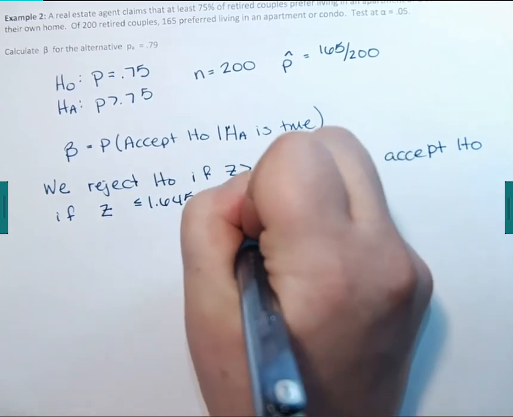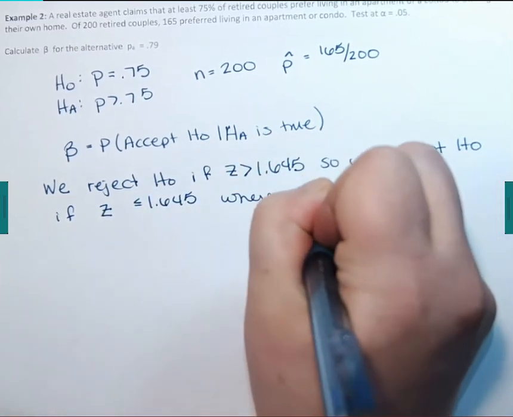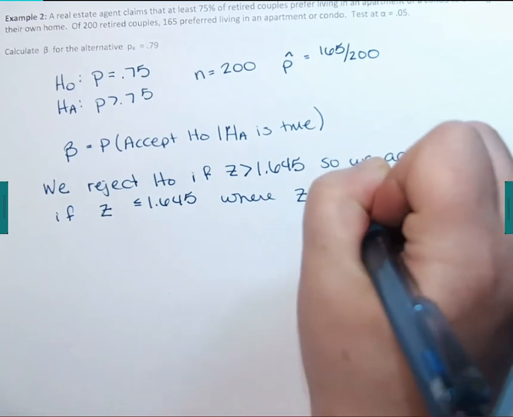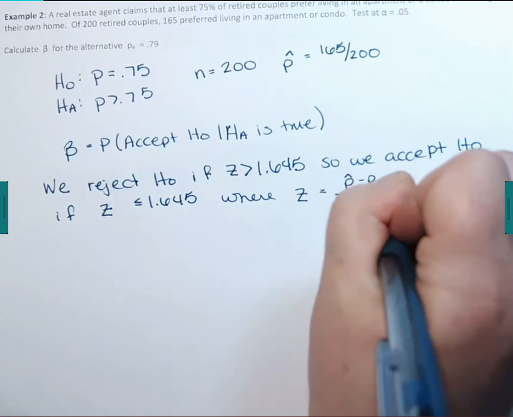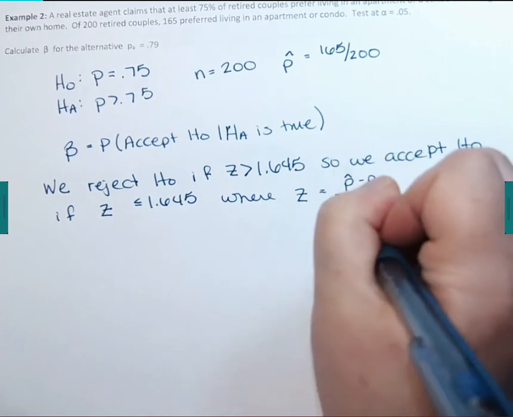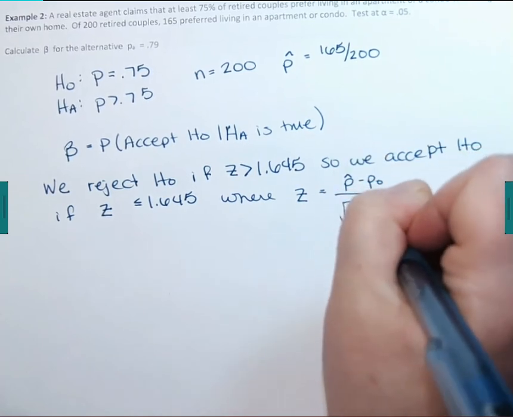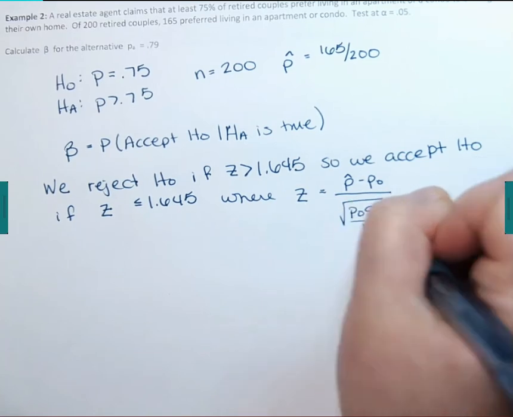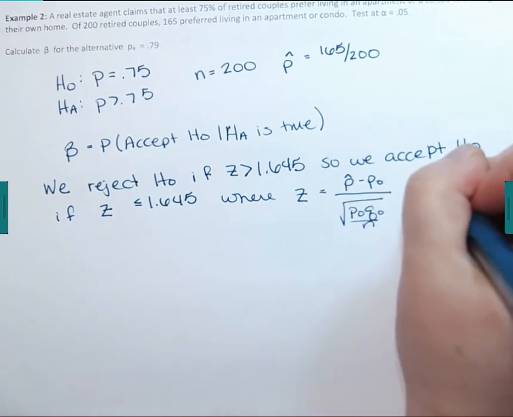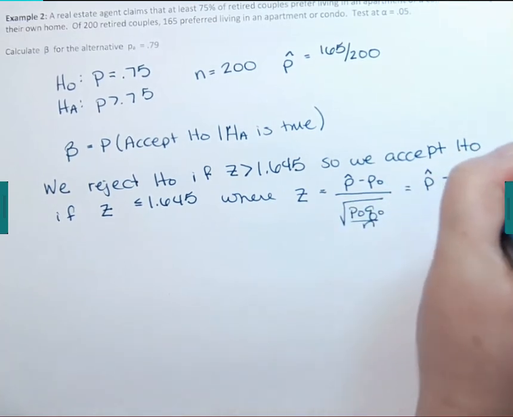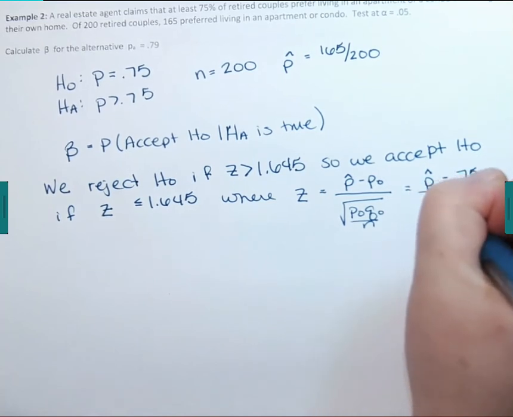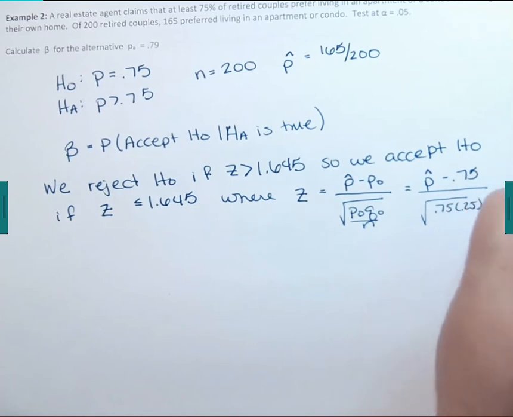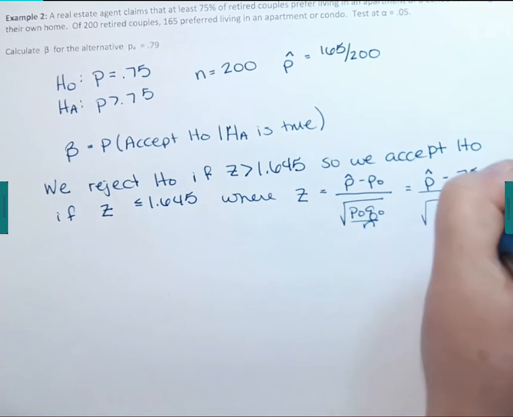And recall that Z in this case is equal to p hat minus p naught divided by the square root of p naught times q naught divided by n, which in this particular case is p hat minus 0.75 divided by the square root of 0.75 times 0.25 divided by 200.